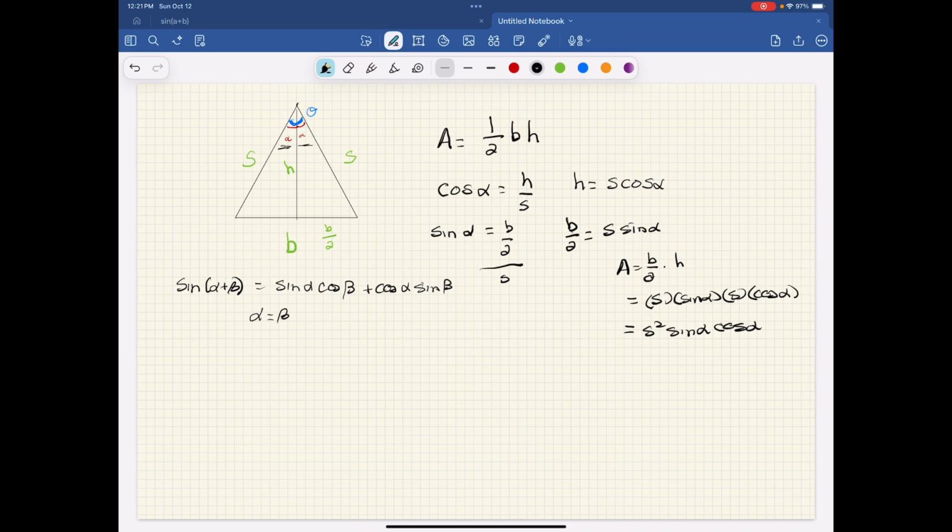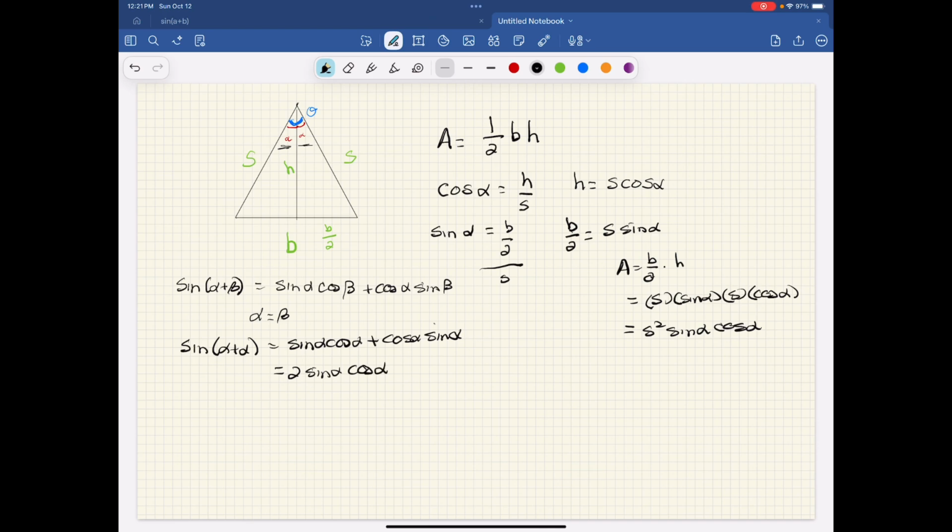So we're going to ask, what is the sine then of alpha plus alpha? And that is going to be sine alpha cosine alpha plus cosine alpha sine alpha, which is just 2 sine alpha cosine alpha.